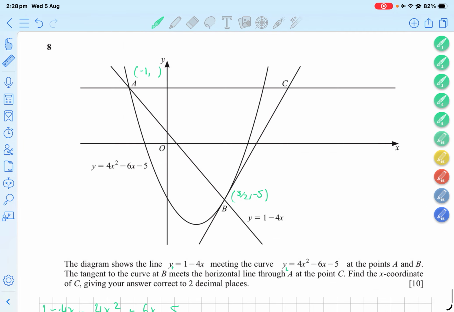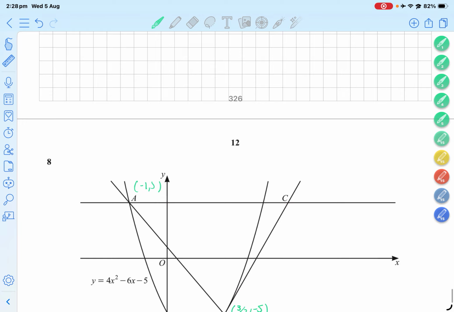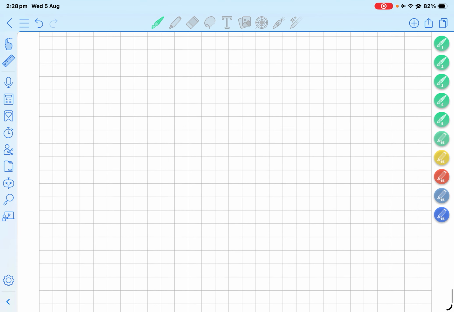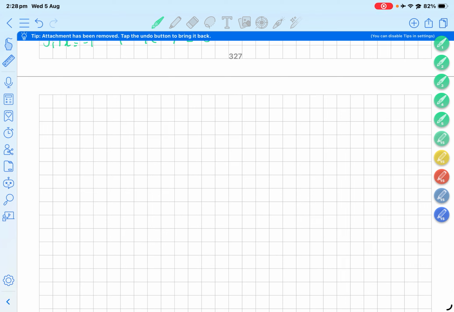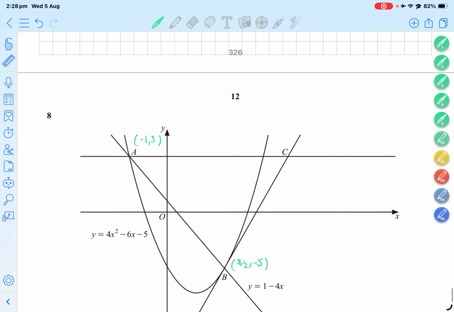And if we do the same thing for x equals minus 1, 1 minus 4 times minus 1 is 1 plus 4, so this is 5. So I could say that C is the point x comma 5, because I already know the y coordinate of A.